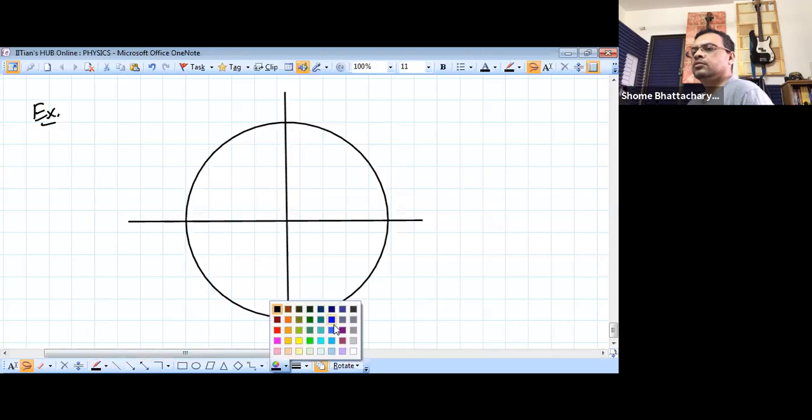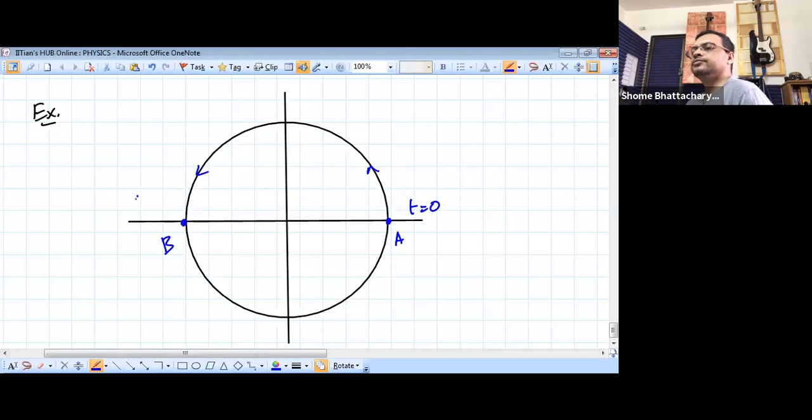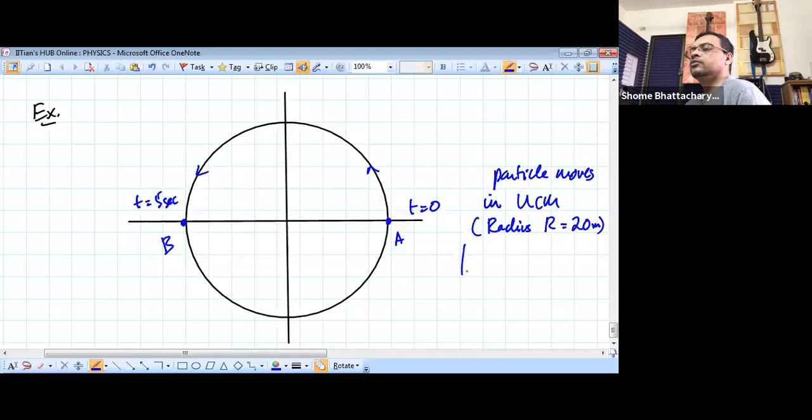This time, what is given to us is that a particle moves from A to B in a time of 5 seconds. The particle moves in uniform circular motion of radius 20 meters from A to B in 5 seconds.